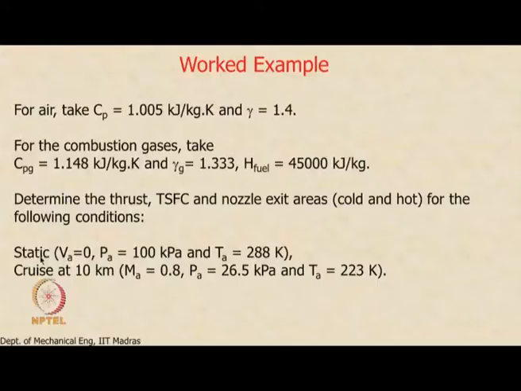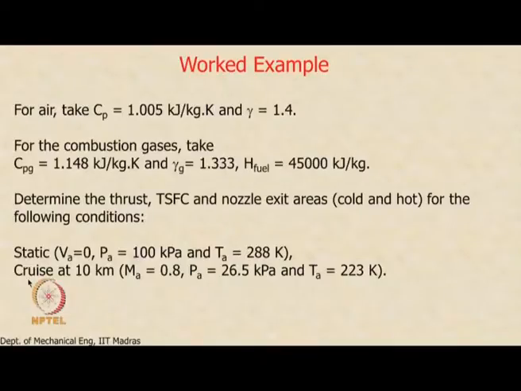One is the static thrust, meaning the engine is on a test stand, Va is equal to 0, Pa is equal to 100 kPa ambient condition, Ta is also equal to ambient temperature 25 degrees Celsius. I am sorry, this corresponds to 15 degrees Celsius, correct? Yes. Relatively cold day.